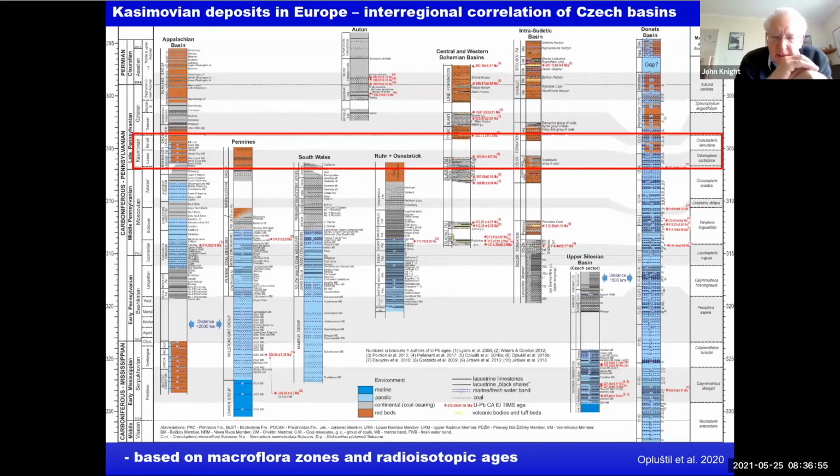Now, my question is that you've given us an overview of a lot of basins, some of which would appear to be on the south side, like the North African ones, in comparison with those that are either within the Variscan chain or on the north side.